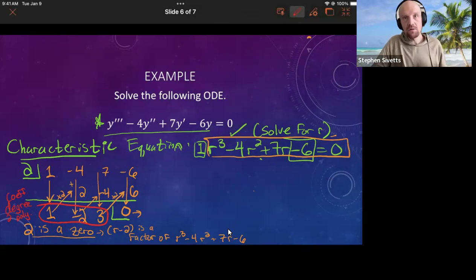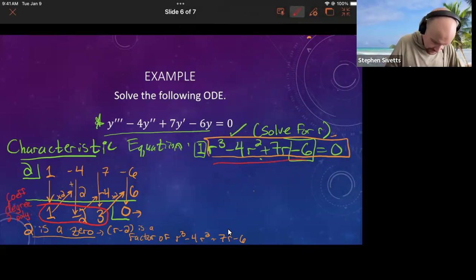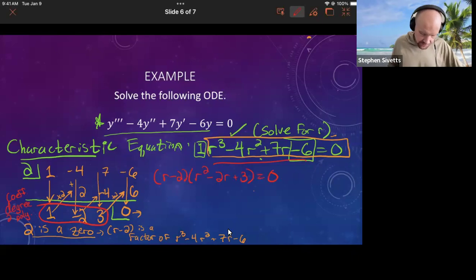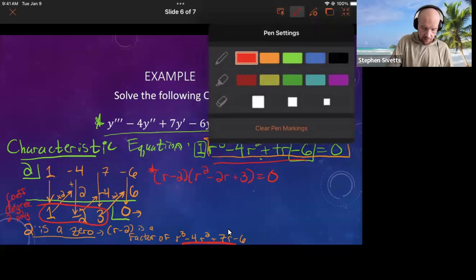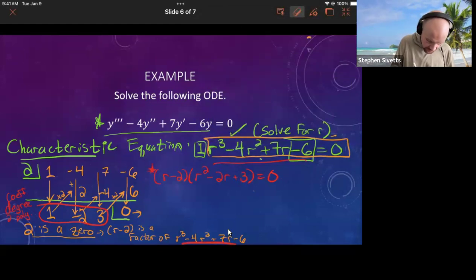All right. So another way to write out this polynomial on the left is we can say r minus 2 times r squared minus 2r plus 3, and that has to equal 0. If you factor out the left-hand side here, you should get back to the original polynomial you started with, right?